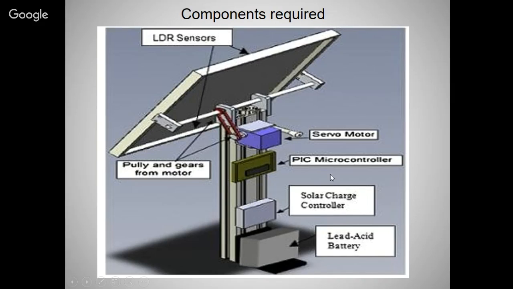The solar charge controller converts the panel voltage to store it in the battery. This is all about the components required. Then we will go through them one by one in detail.